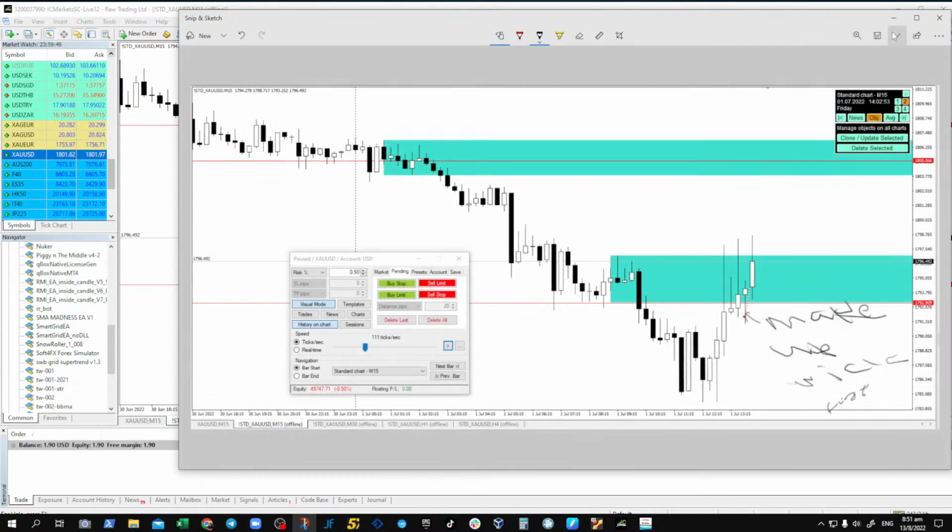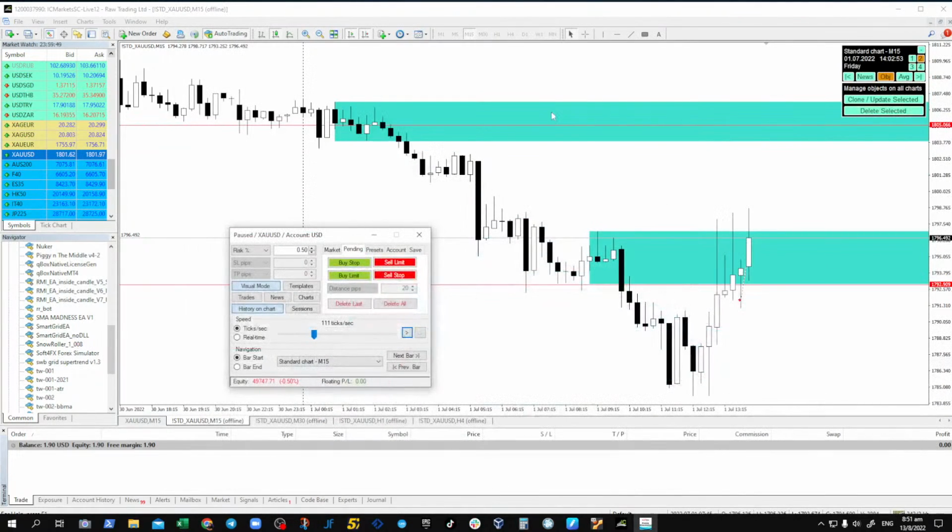Just copy this and I'm going to use it for the first trade journal. This entry is on 6:45 p.m., 1945, July 1st. That's 0.5.